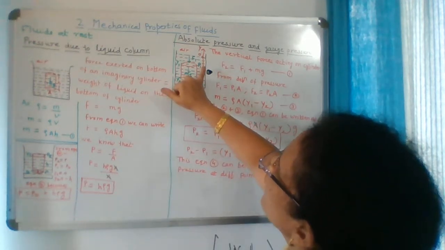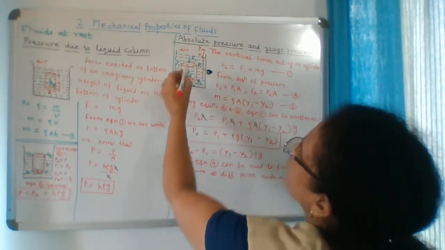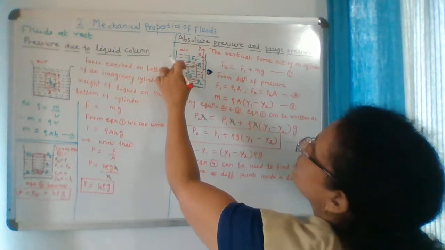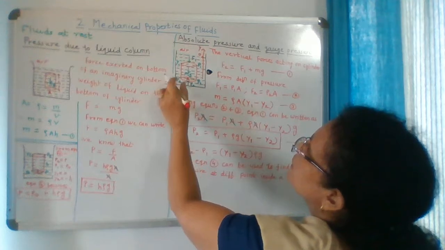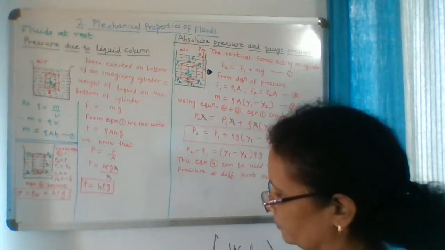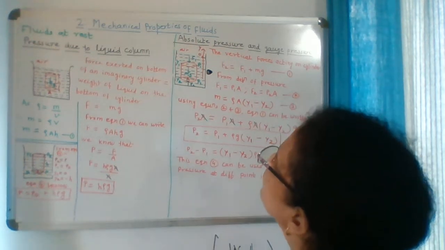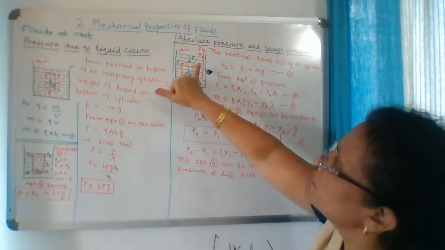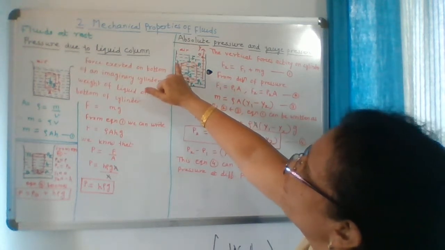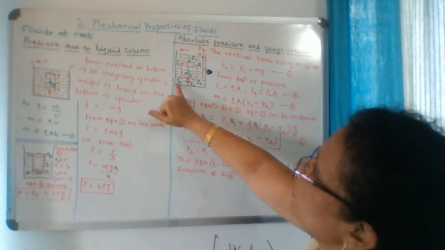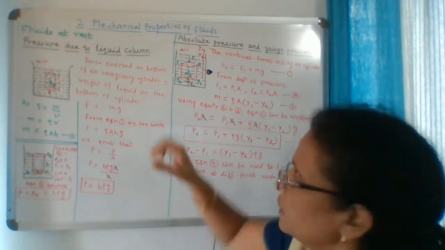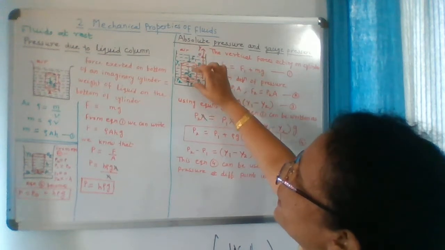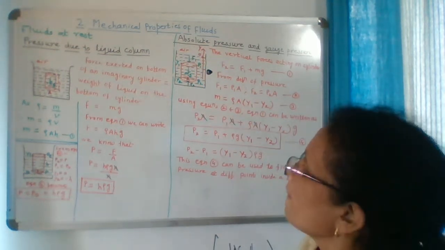At this point the position is y1, and at this point the position is y2. The pressure at the point y1 is P1, and at the point y2 the pressure is P2. Y1 and y2 are the two extreme points, that is, the top of the cylinder and the bottom of the cylinder.